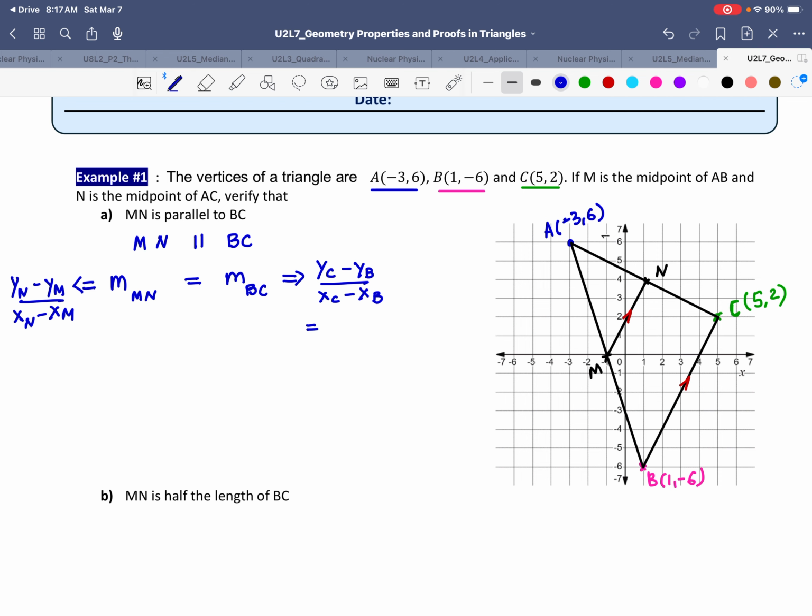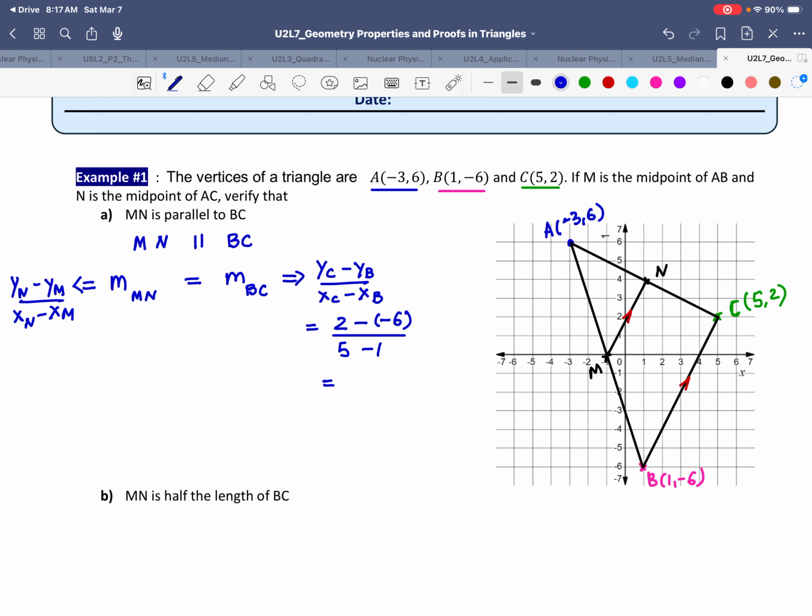So the slope of BC would be equal to y at C, which is 2, minus y at B, which is negative 6. So 2 minus negative 6. For the x coordinate, again from C we are subtracting B, so 5 minus 1.